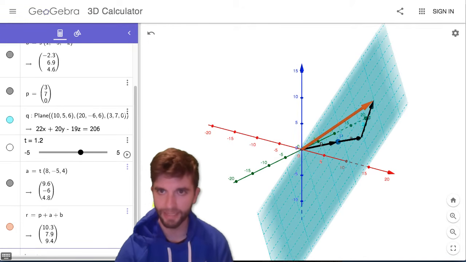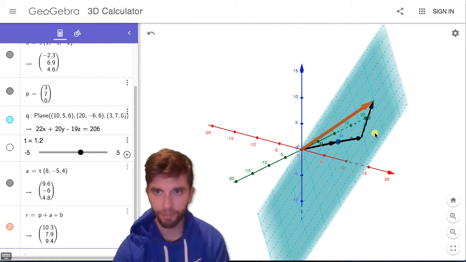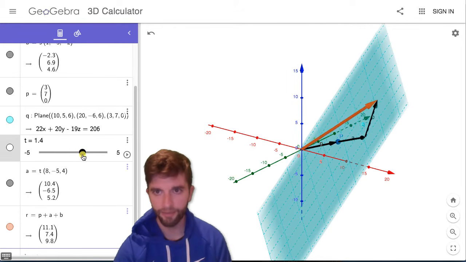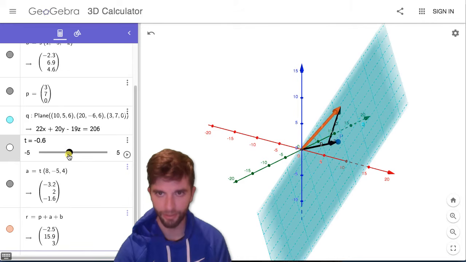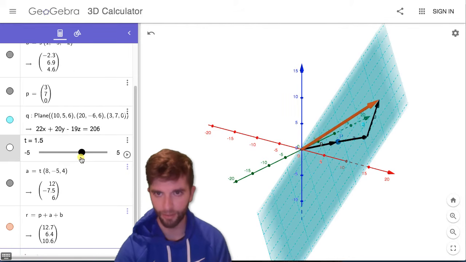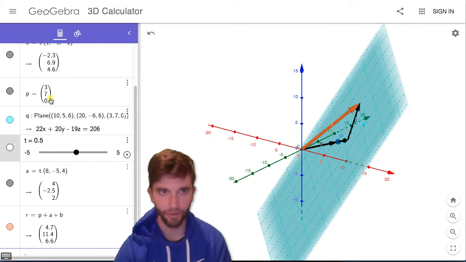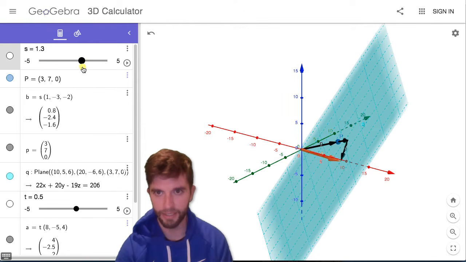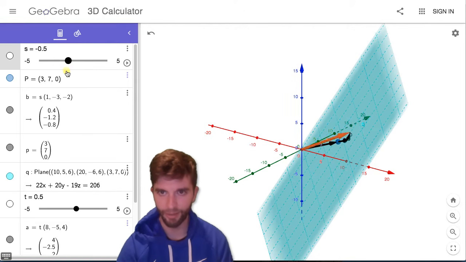So how can I point to any point on this plane? Just multiply those direction vectors by a scalar multiple, and that would allow me to get my resultant to go to any point on the plane. And let me show you that. So watch the tip of the resultant vector. Notice how it's going to points on the plane. So I'm varying the scalar multiple of my first direction vector A, and then also I could vary the scalar multiple of my second direction vector B to allow me to get to other points on the plane.